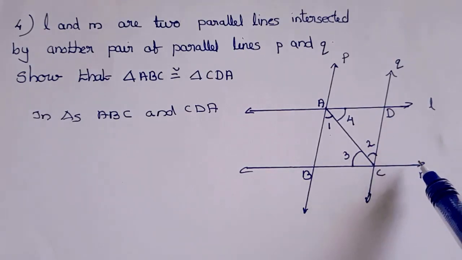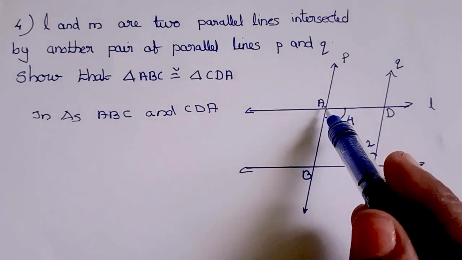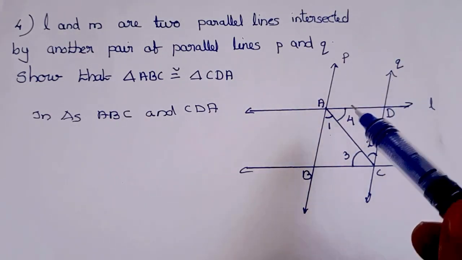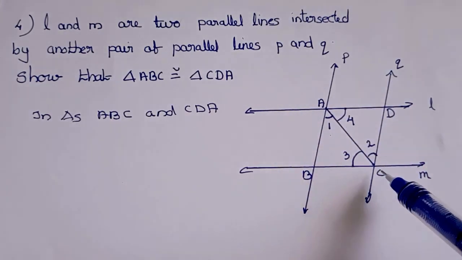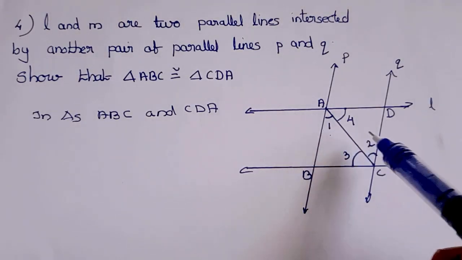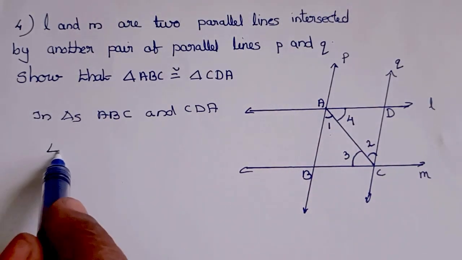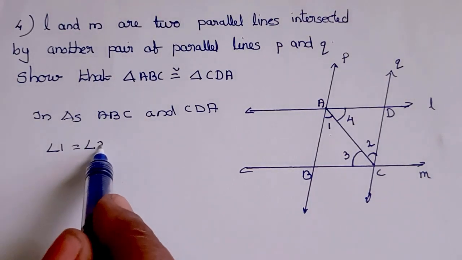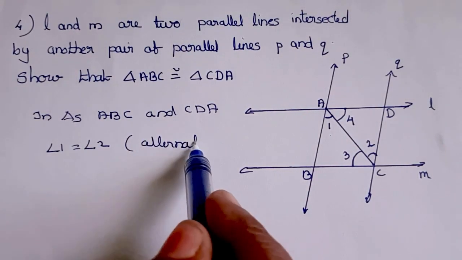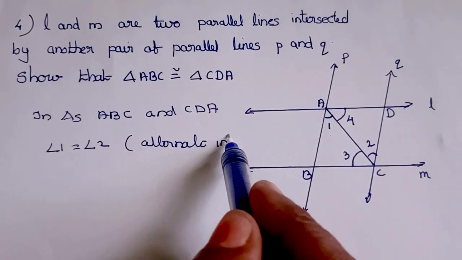Since line L is parallel to M, and by considering P parallel to Q, considering the transversal AC, we get angle 1 equal to angle 2, alternate interior angles.